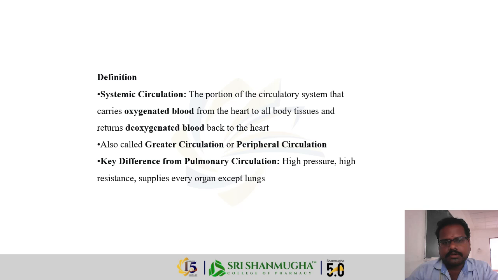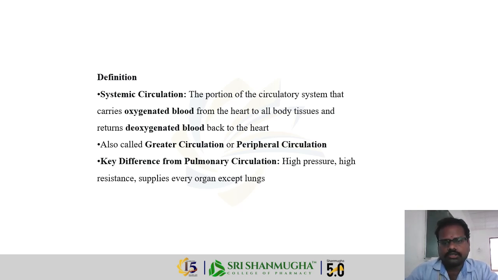What happens in the circulation is that the blood coming from the lungs, that is oxygenated blood, is pumped by the heart to the circulatory system, that is, to all body tissues. Once this blood is transferred to the body tissues, the body utilizes the oxygen.